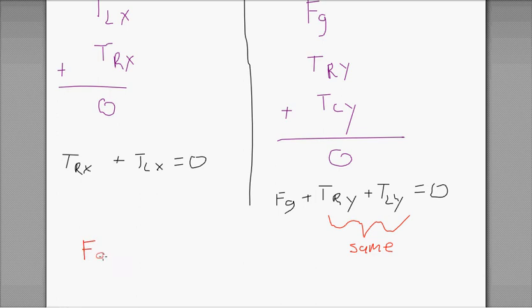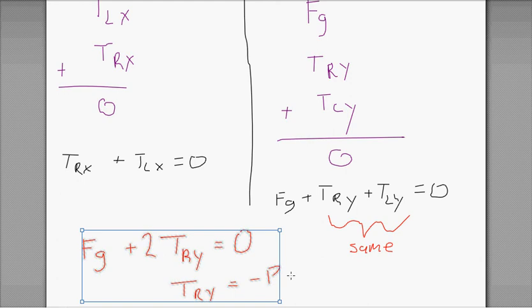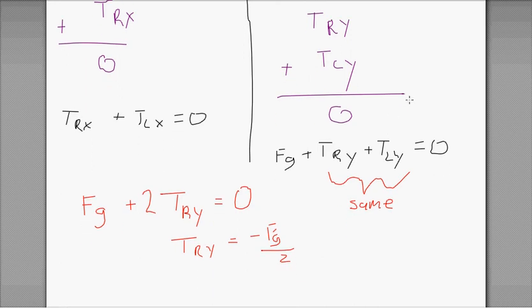You can go FG plus 2TRY equals 0, and then you can say TRY equals negative FG over 2. I'll leave the remainder for you to figure out, but you're going to have to use your triangle, find the angle, and look at what we did in class. I don't want to use up all my time.